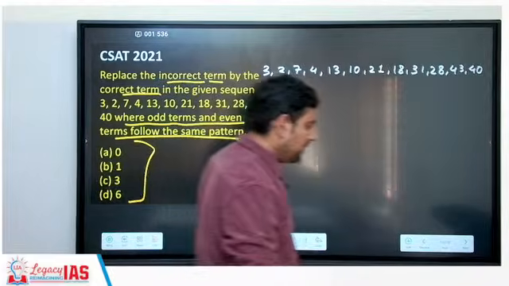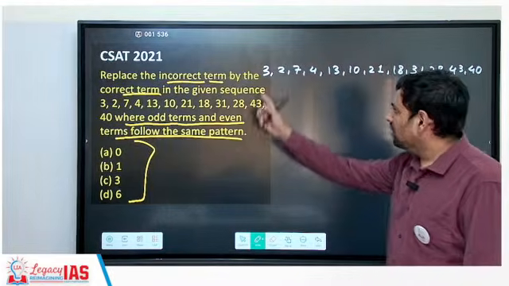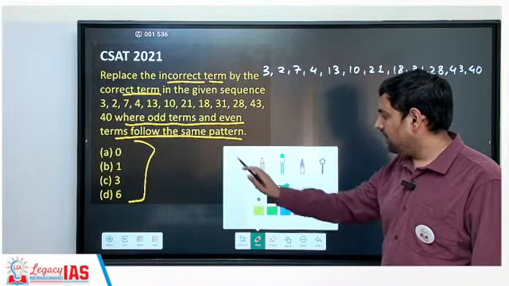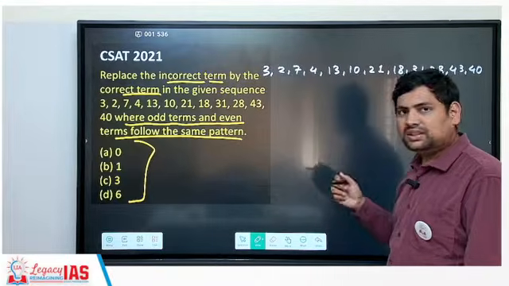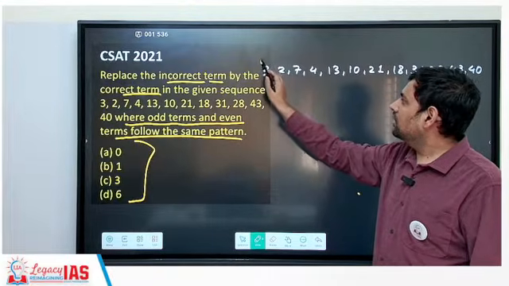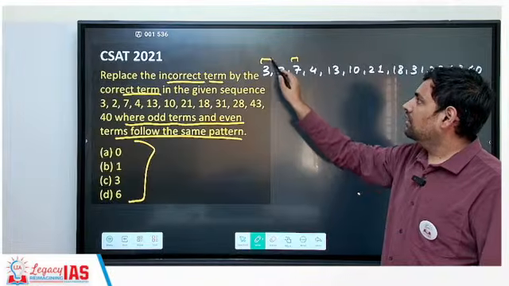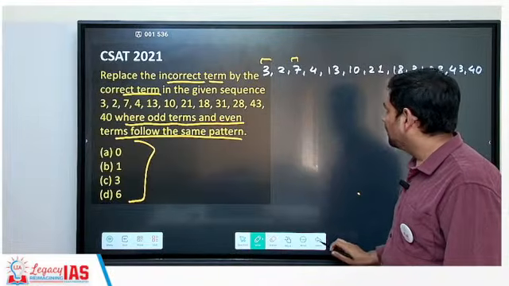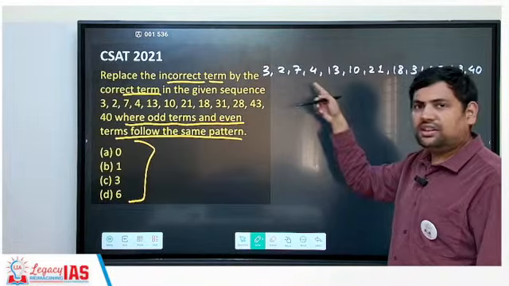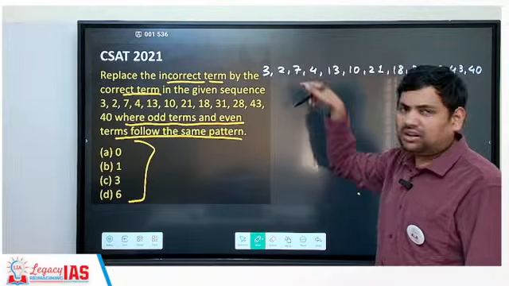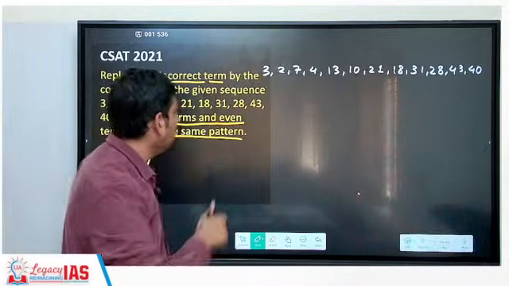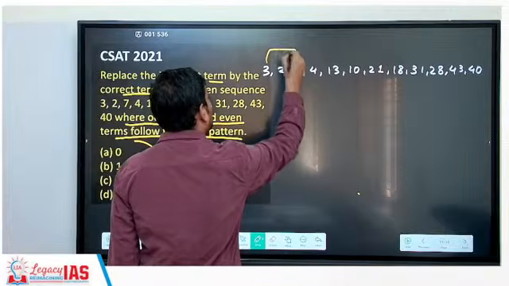Now, for finding out the incorrect term, what do you do? You start looking out for odd terms and even terms separately. So let's look for 3, then 7. What is the difference? For odd terms, I am writing the difference at the top. So 3 and 7, difference is 4.